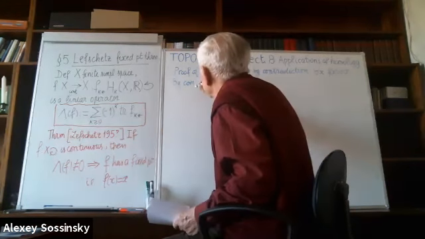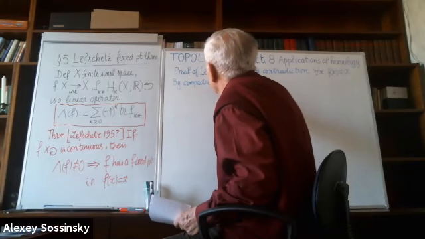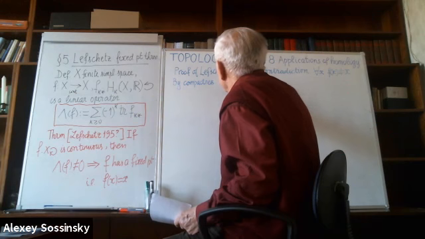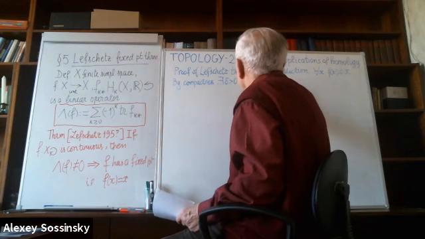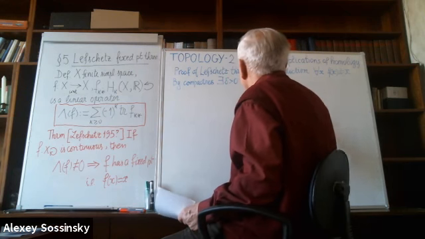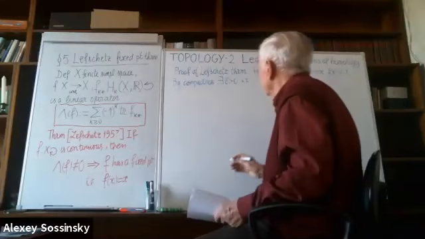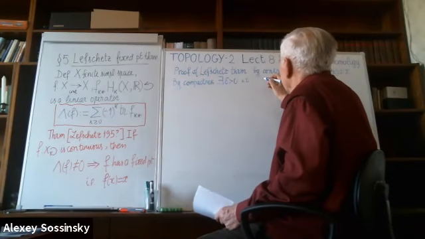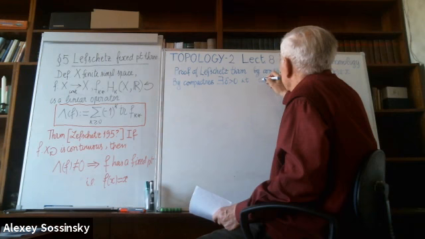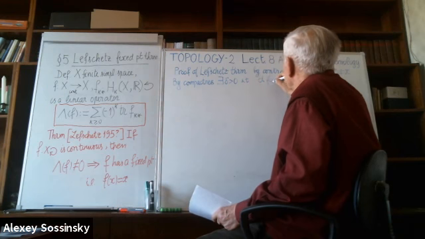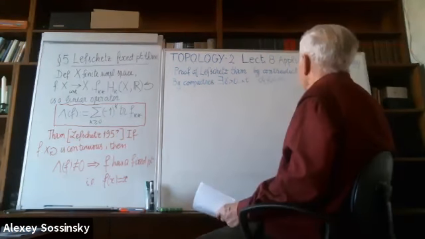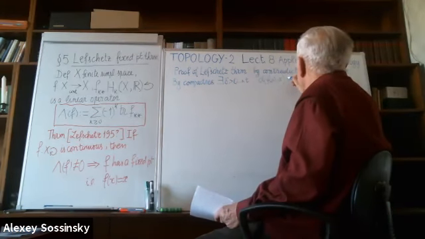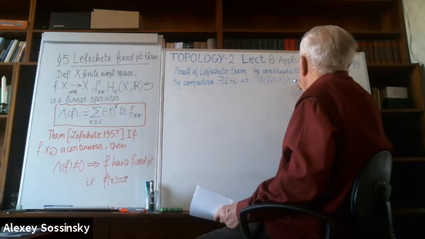By compactness, there exists a positive number delta such that the distance between f of X and X is greater than delta.